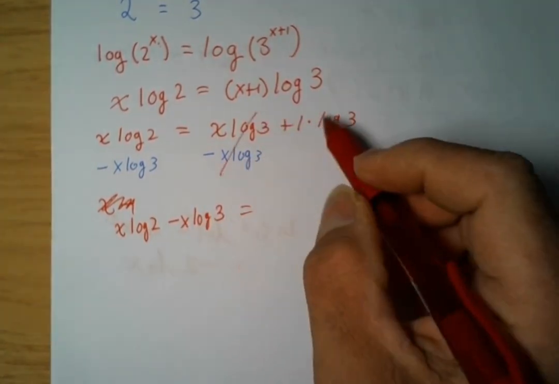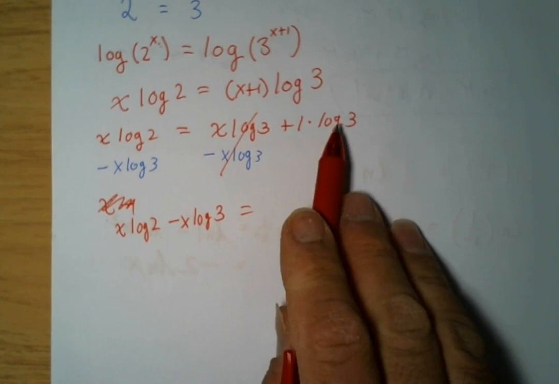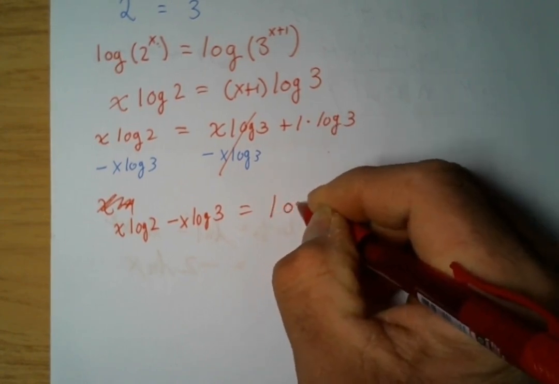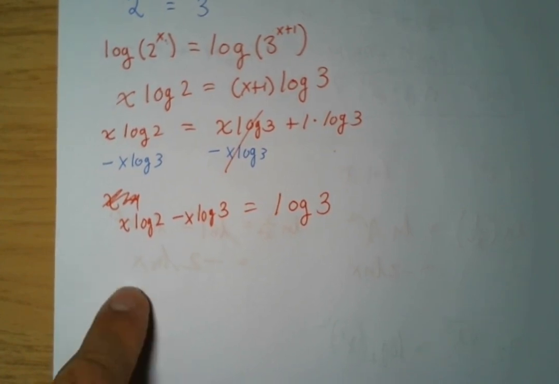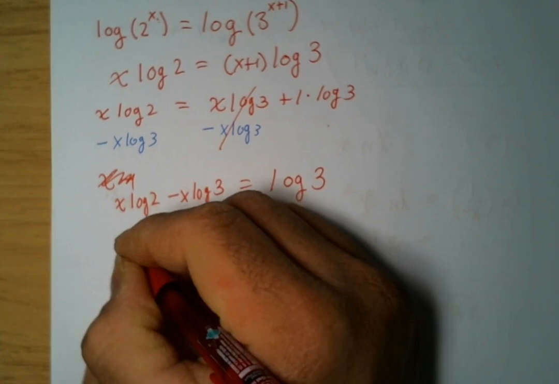And here that goes to 0. And on this side, we're just left with 1 times log 3, or simply log 3. All right, so we're getting there, step by step. We'll take it slow here.